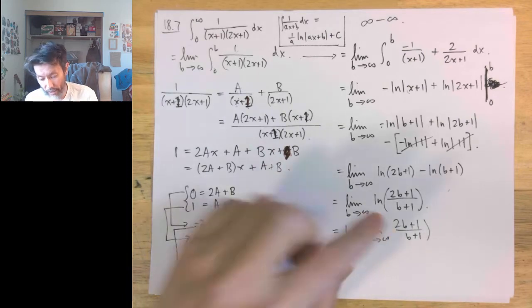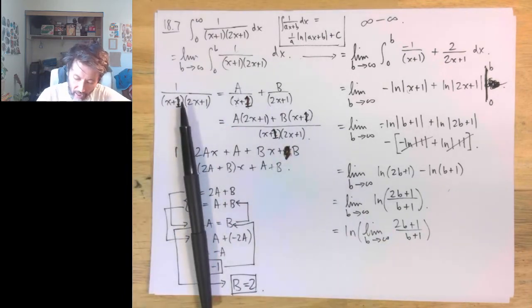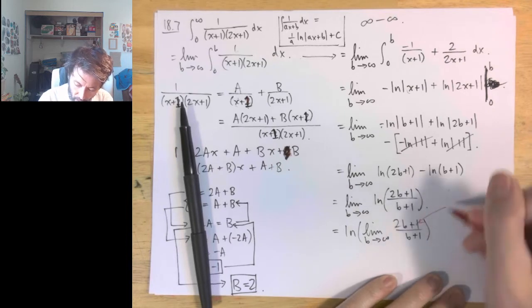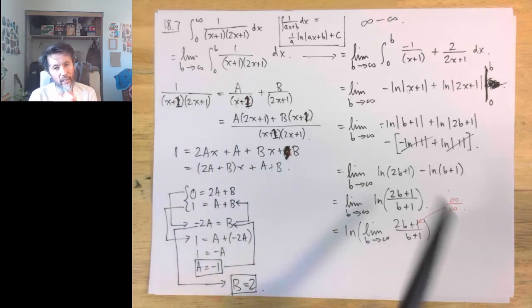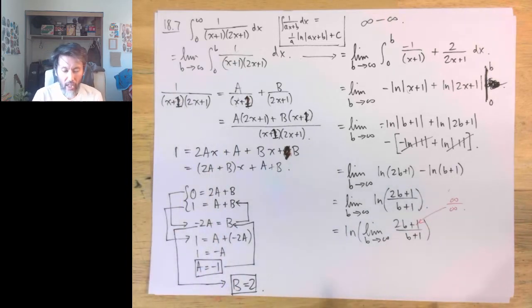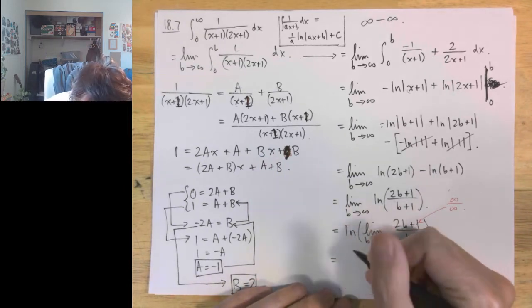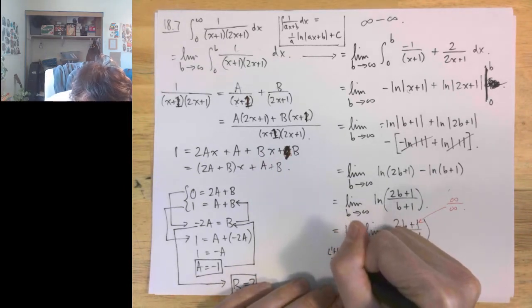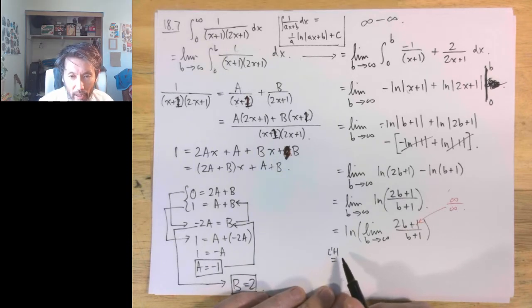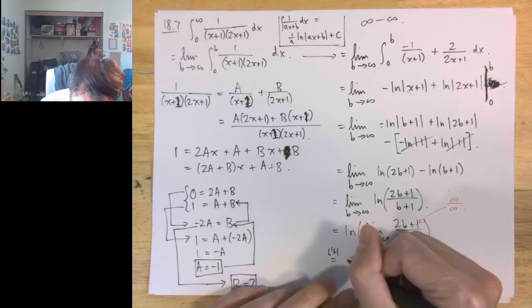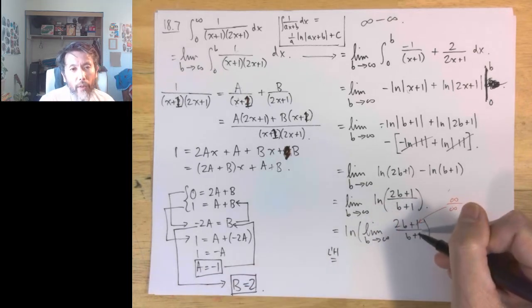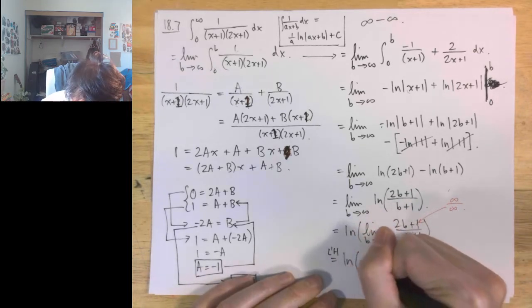Well, what we see is that this looks like infinity over infinity, right? And of course, what we do in that situation, when we have a limit which has this form, infinity over infinity, is we invoke something called L'Hopital's rule. I'm going to indicate that I'm using that by L apostrophe H. What it says is that we take the derivative of the top and the derivative of the bottom and we take the limit.